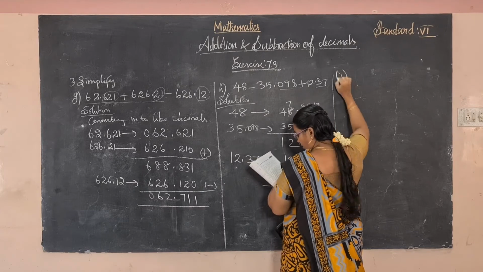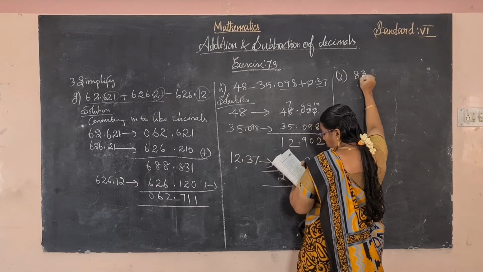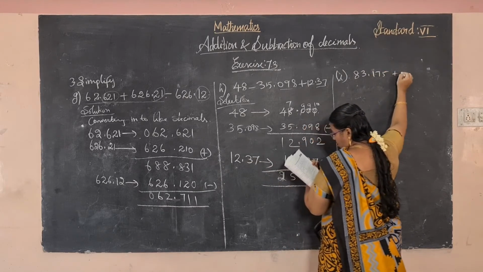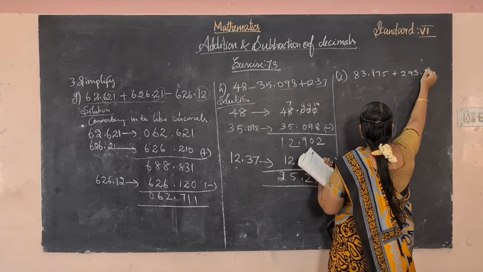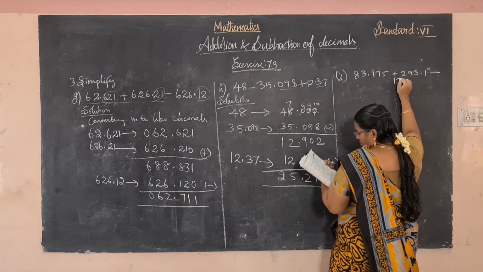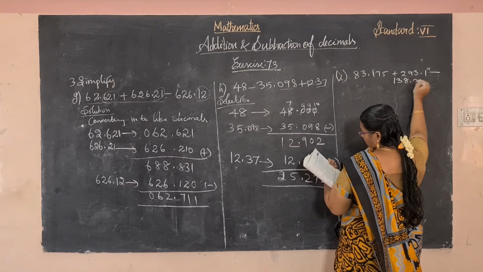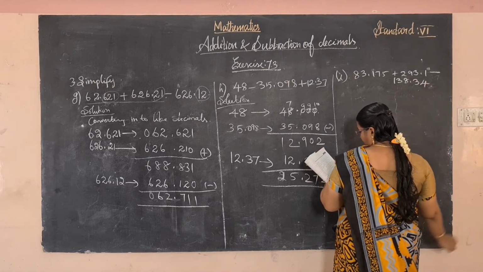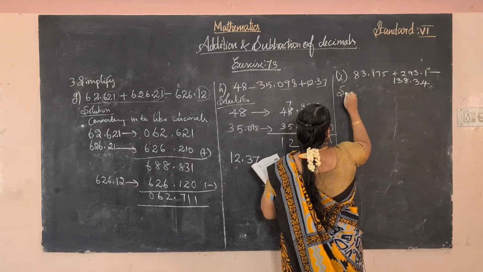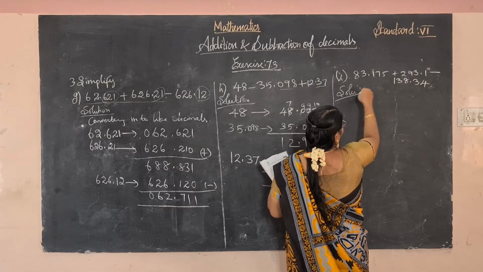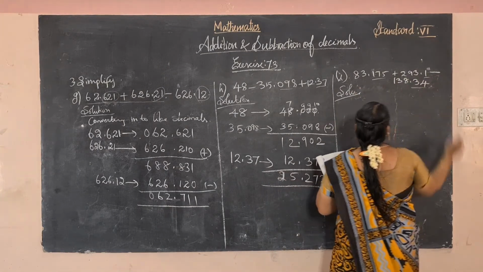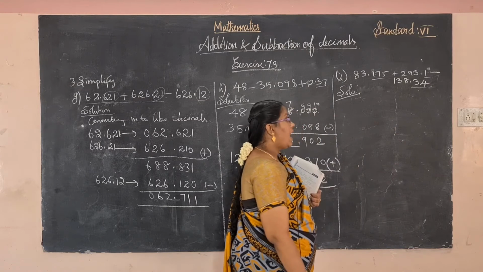H, I. 83.175 plus 293.1 minus 138.34. Okay, solution. First check the decimal place values. The given decimals are unlike decimals.